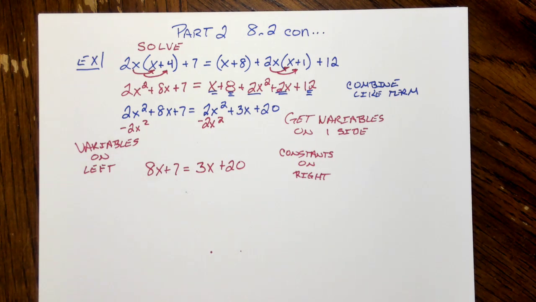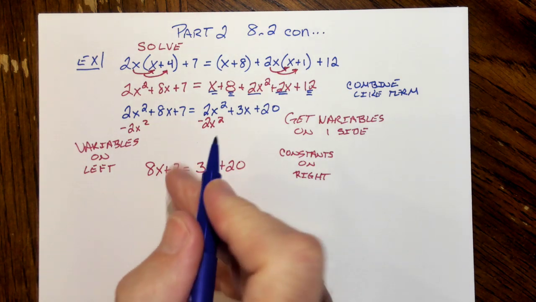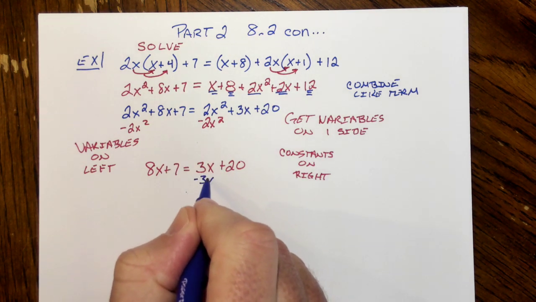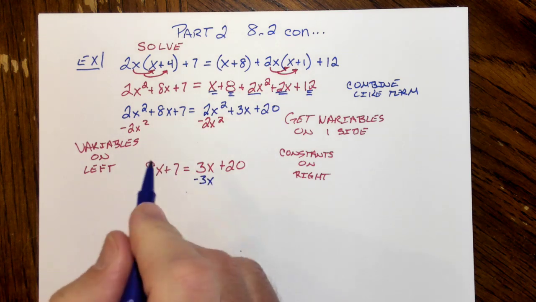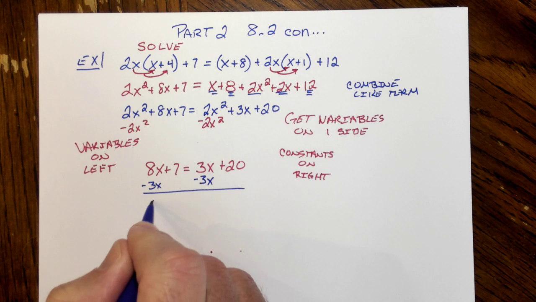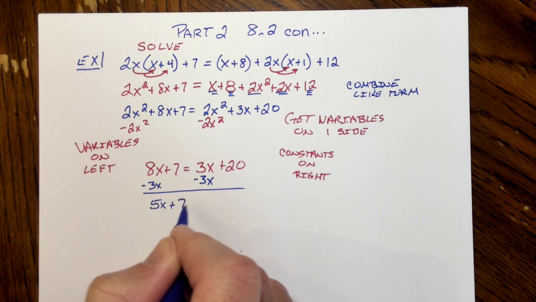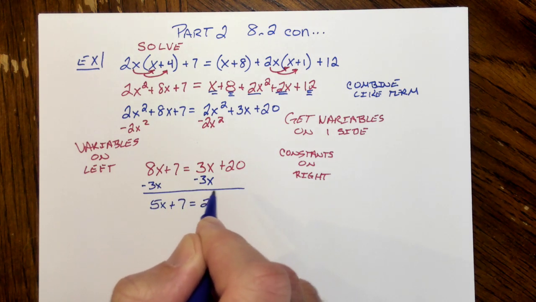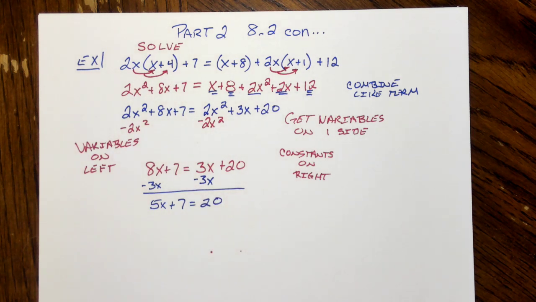So, again, I want my variables on the left. So next thing I'm going to do, I am going to subtract 3x. Now, some people might do a little bit different. My choice. 5x plus 7 equals 20. All right. So now, as we look at this, we've got all of our variables over here, but we still have numbers over here, so we've got to get rid of the numbers on top of this.